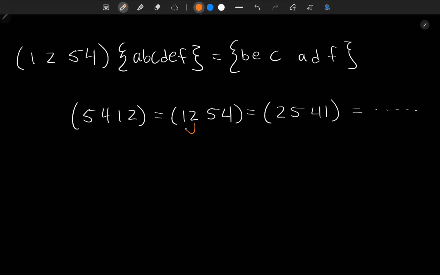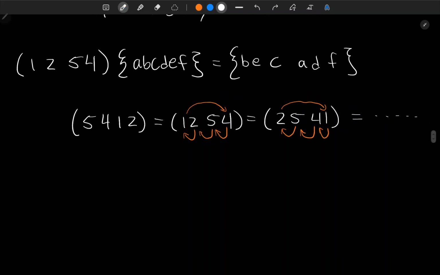So I'm taking 2 and moving it to 1, taking 5 and moving it to 2, taking 4 and moving it to 5, and taking 1 and moving it to 4. When I do that, I get this element. And if I do that again, so I shift 5 to the left, 4 to the left, 1 to the left, and I take 2 and put it at the end, that's exactly what this element here is. And since they all represent a cycle, these permutations are all the same.